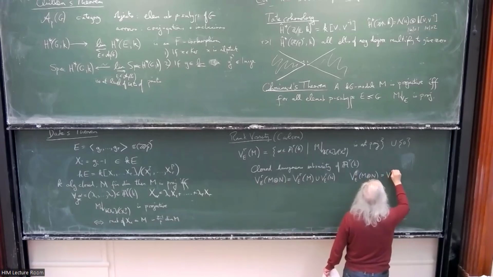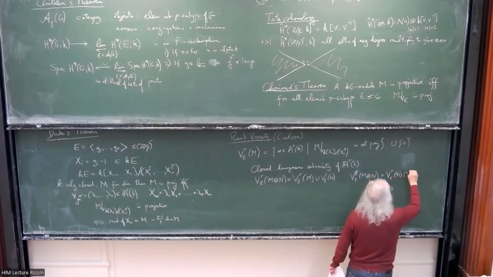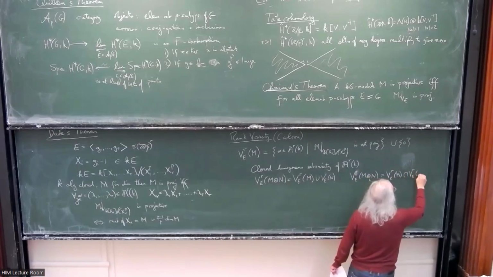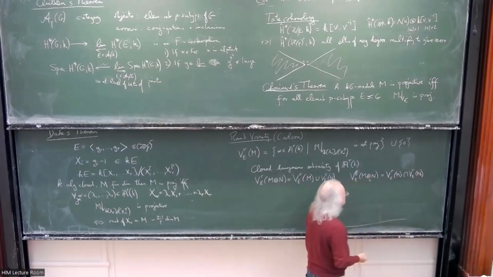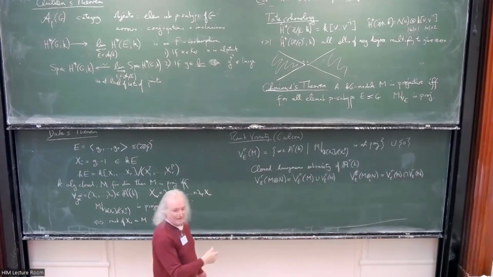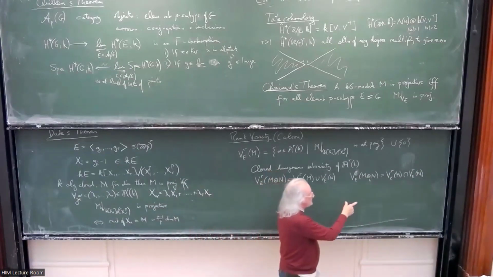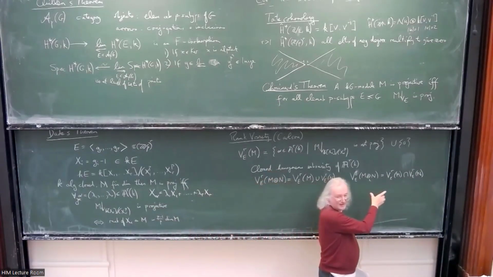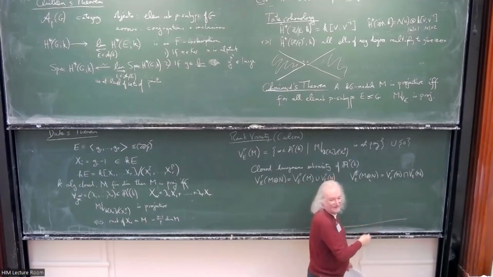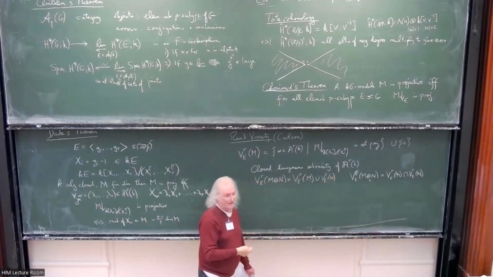It is the intersection. So if you like, this theory of rank varieties is quite a good tool for seeing whether tensor products of modules are projective. You just have to intersect their rank varieties and see whether you get zero.